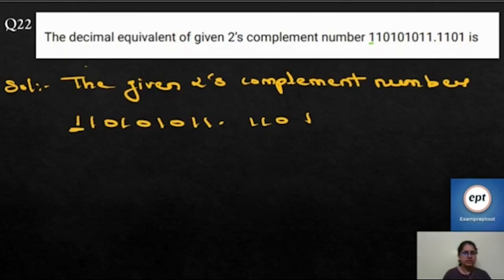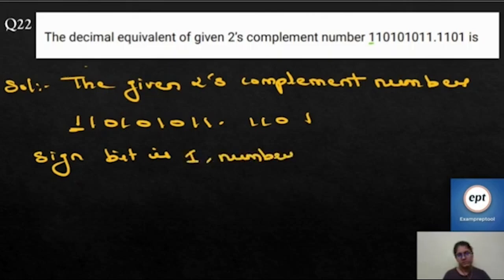Here you can see that the sign bit is 1, which means the number is negative. So the sign bit is 1, so the number is negative.